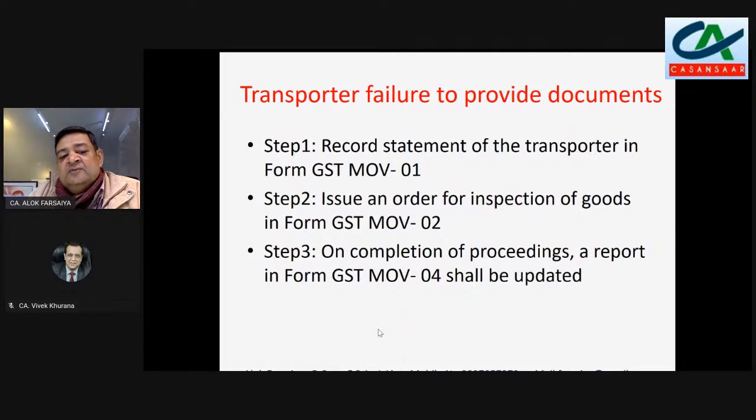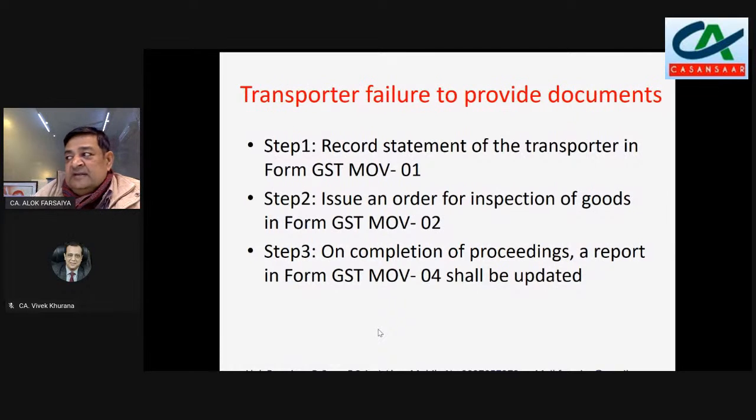Till that time the transporter is the owner of the goods for all practical purposes. So they record the statement of the transporter and issue him the detention memo.